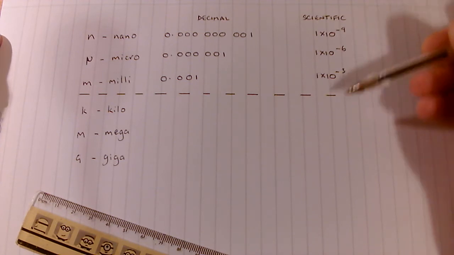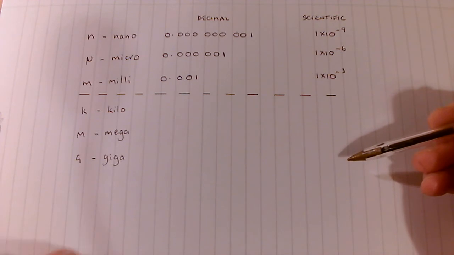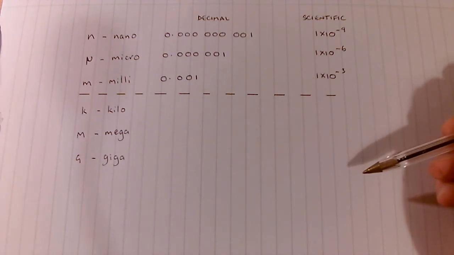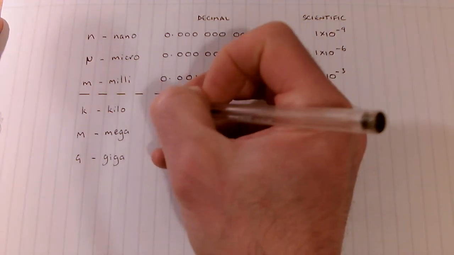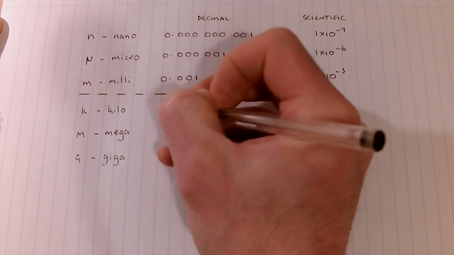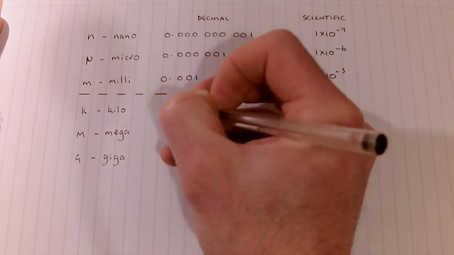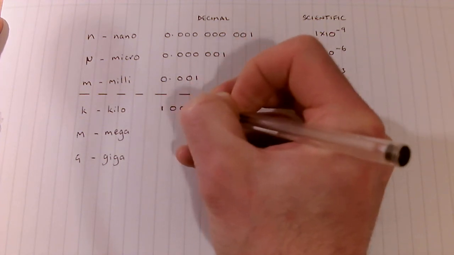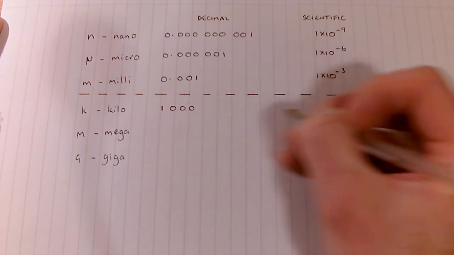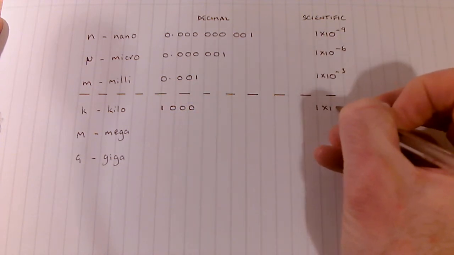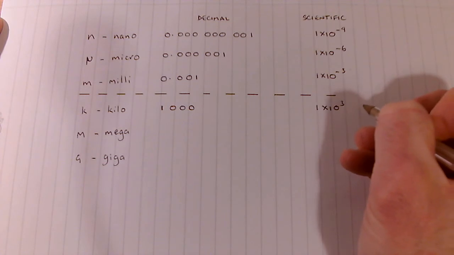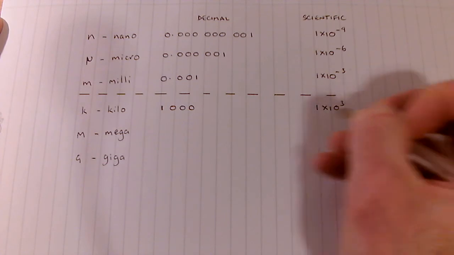And the same is true for our larger prefixes. So for kilo, it corresponds to a 1 with 1, 2, 3 zeros. That's 1 times 10 to 3. So I think you can probably see the pattern.